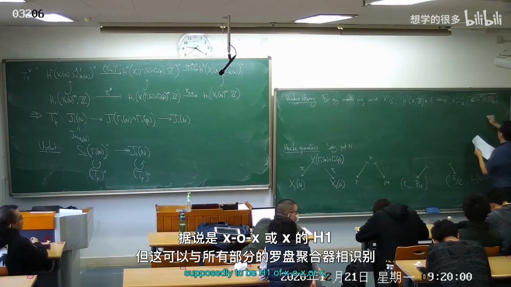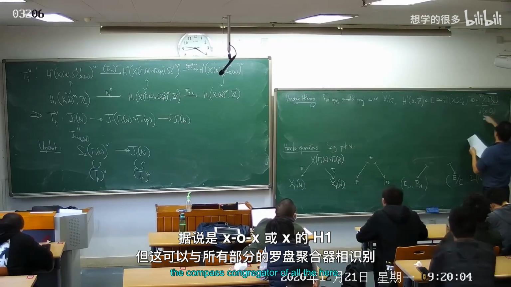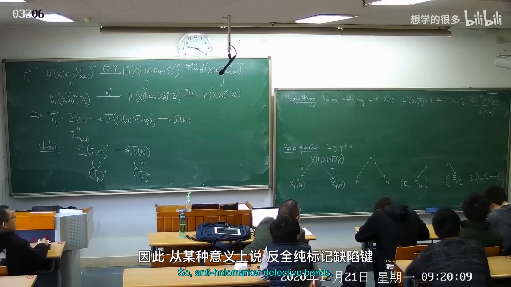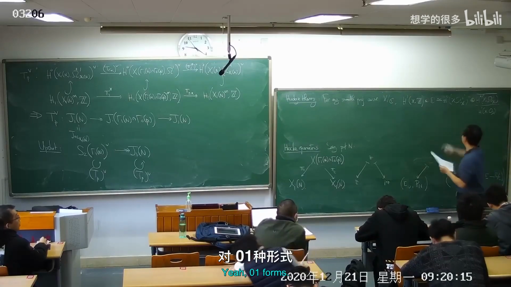One part is supposed to be H1 of X, O_X, but that can be identified with the complex conjugate of the anti-holomorphic differential forms, the 0-1 forms.